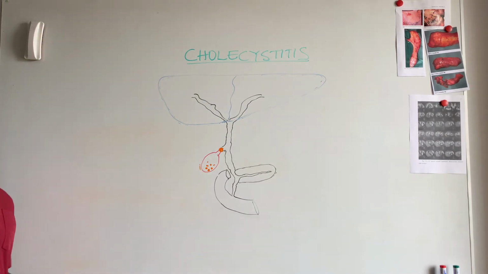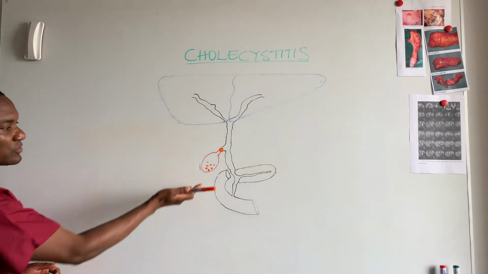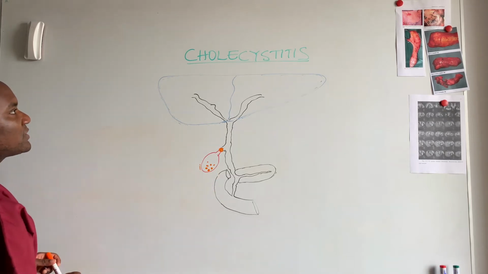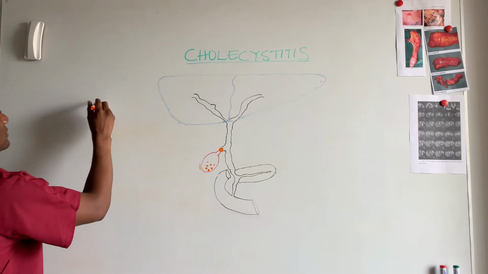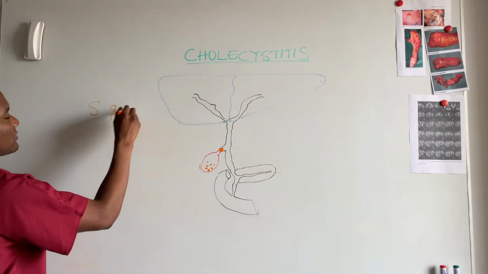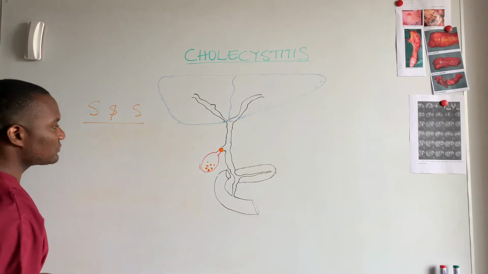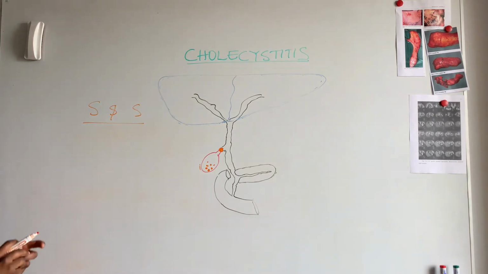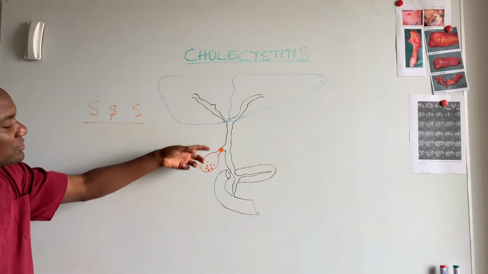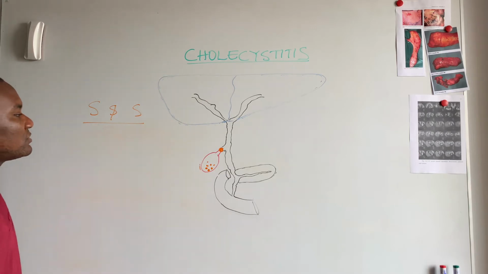Now we will talk about the signs and symptoms associated with cholecystitis. Just imagine if there's an obstruction and inflammation, what will be the first complaint the patient will have?